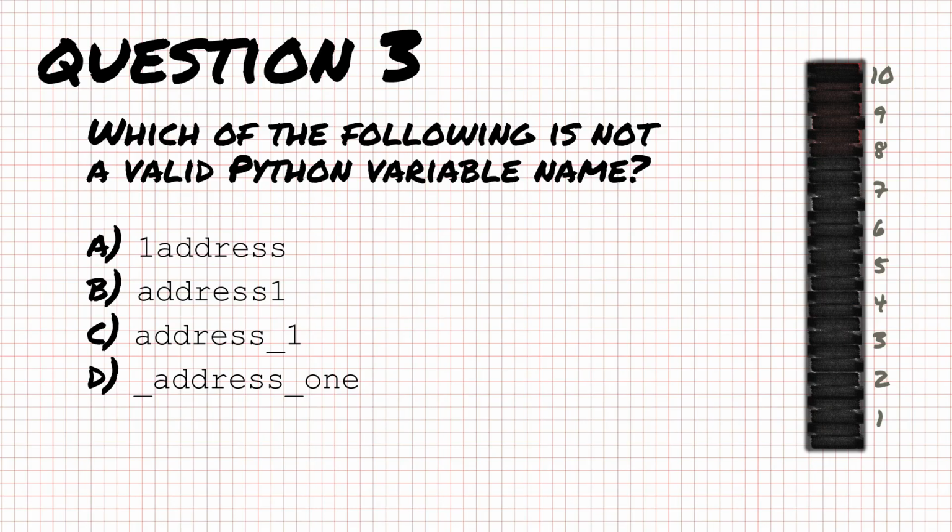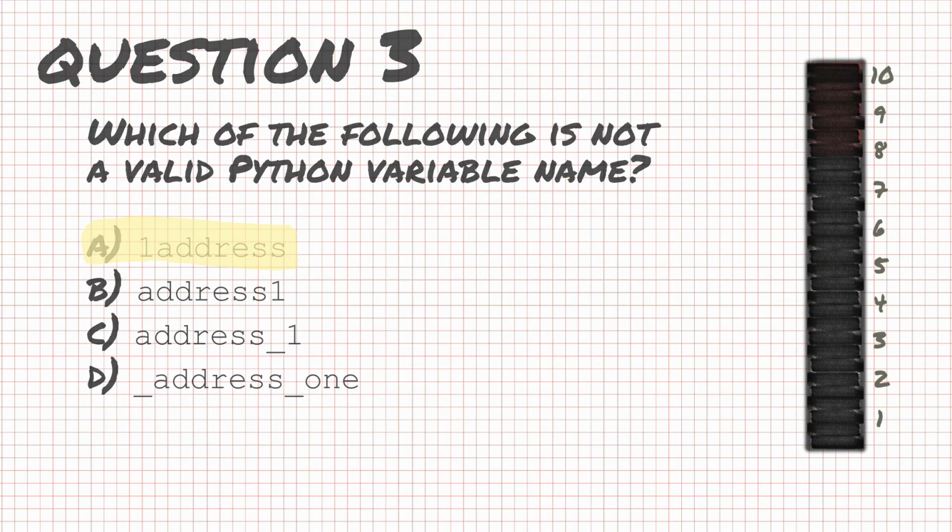The invalid Python variable name, or identifier, is A, 1address. Python variable names may be made up of letters, numbers, and the underscore, but they may not begin with a number. You also may not use a Python keyword as a variable name.